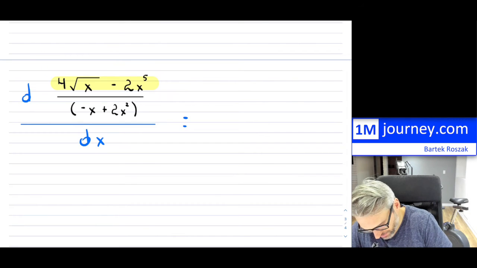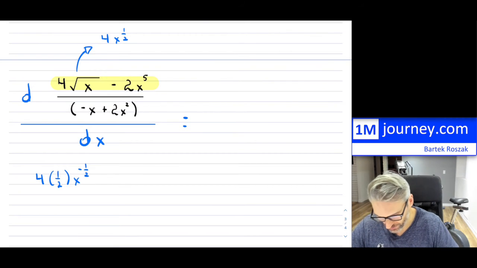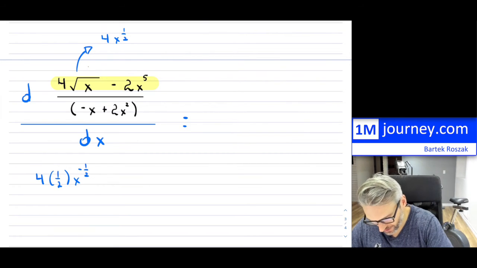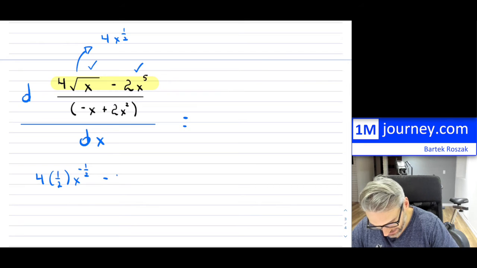So this first one is the same thing as writing it in this way. The derivative of that is equal to 4. Notice that 1/2 will come up to the front. This is now x to the negative 1/2. That's the derivative of this. And then we have minus, and now the derivative of this is going to be 10x to the 4.